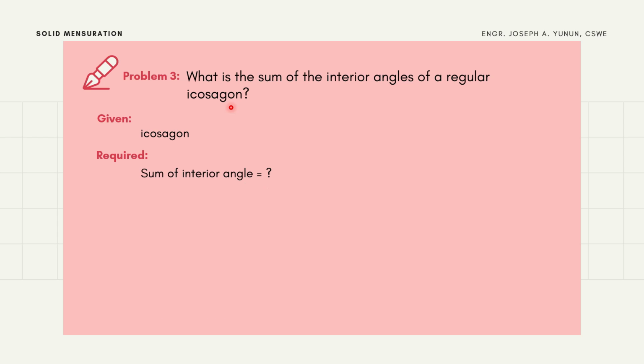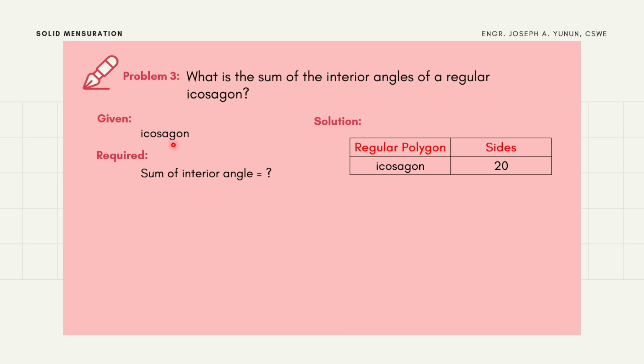Then the required, based on the given problem, is the sum of interior angles, SIA. Now, for the solution, you need to determine first the number of sides of a regular icosagon. An icosagon has 20 sides, or a 20-sided polygon.